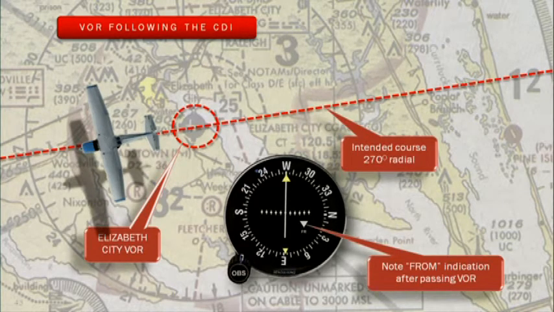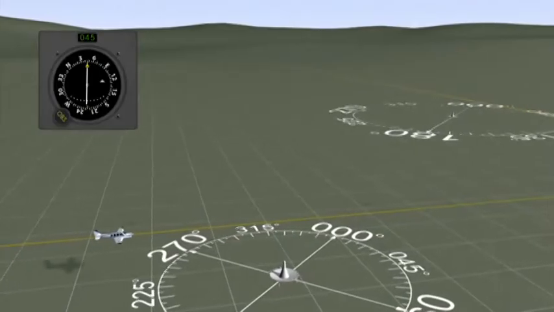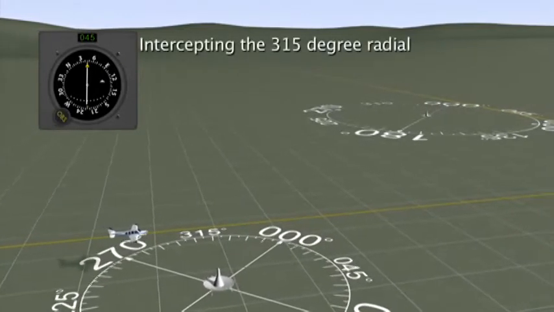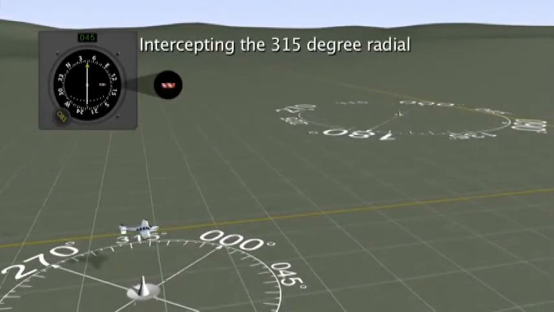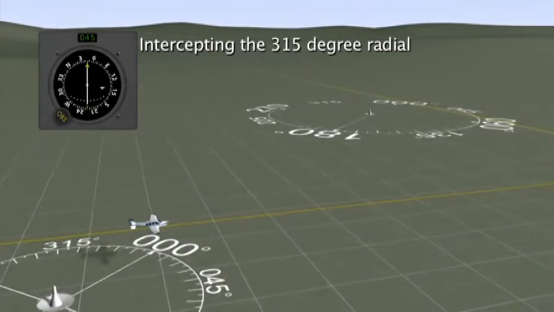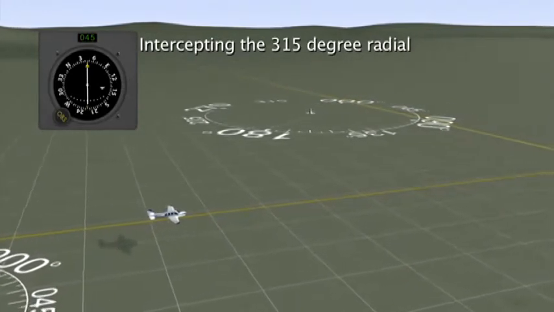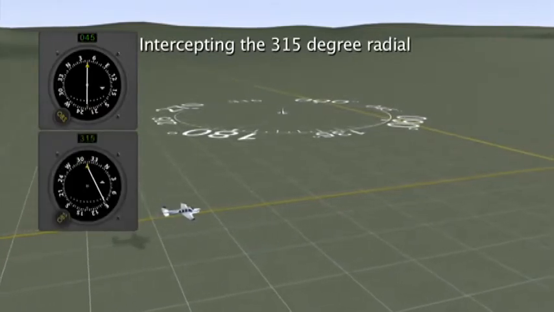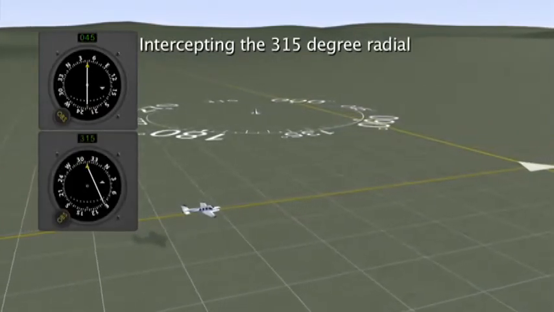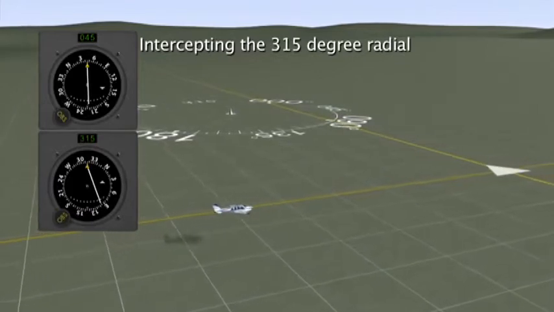To orient where the aircraft is in relation to the VOR, first determine which radial is selected. Next, determine whether the aircraft is flying to or away from the station. Look at the to from indicator to find which hemisphere the aircraft is in.